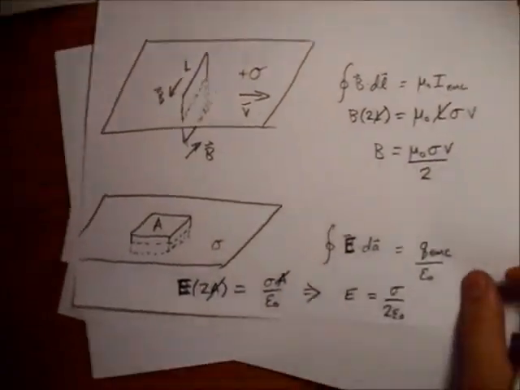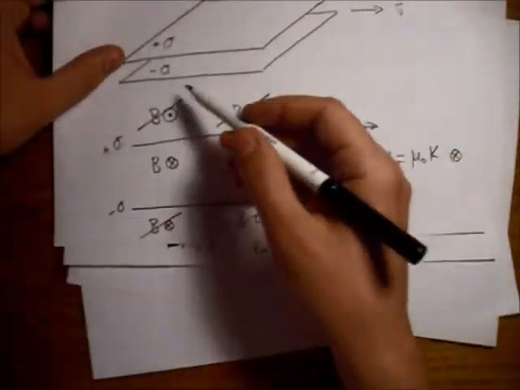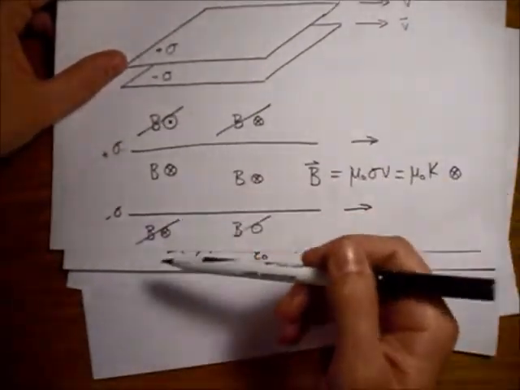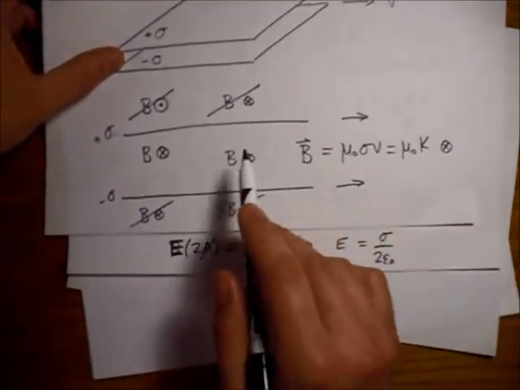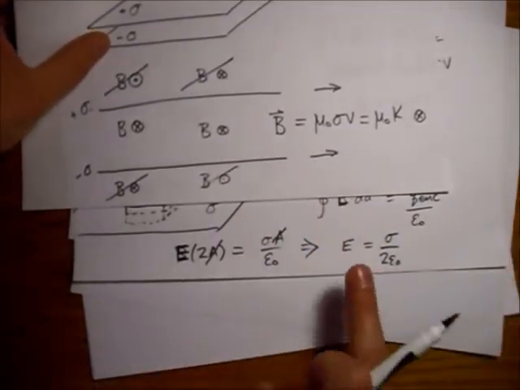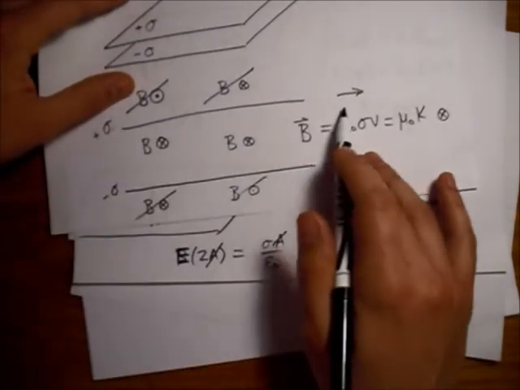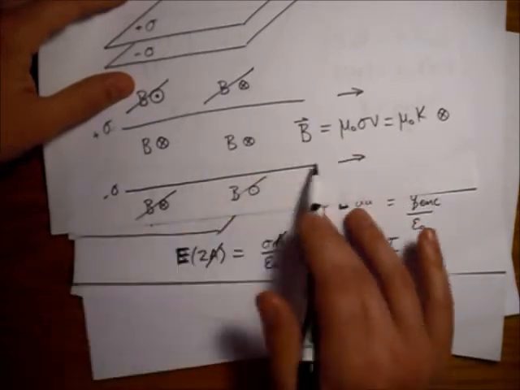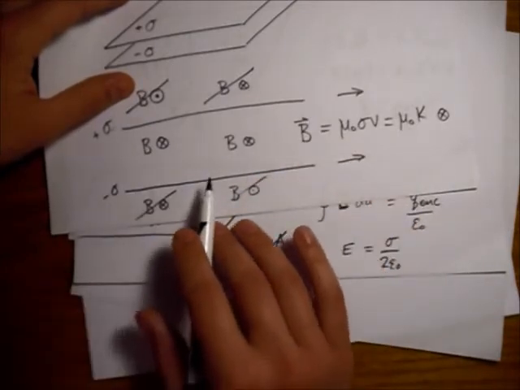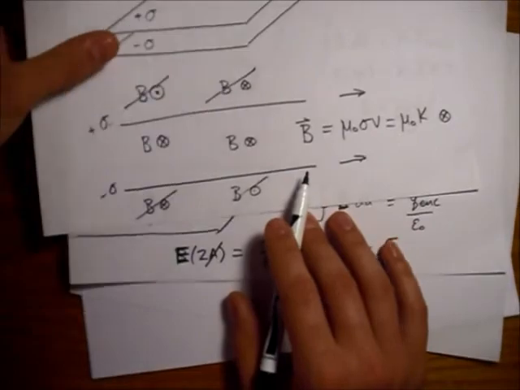And of course, if you work this out for a capacitor, you do the same thing as this, where they cancel out above and they double inside, and inside a capacitor, the electric field is just sigma over epsilon naught. But again, what we're looking at is the force on the top plate due to the charge on the bottom plate.